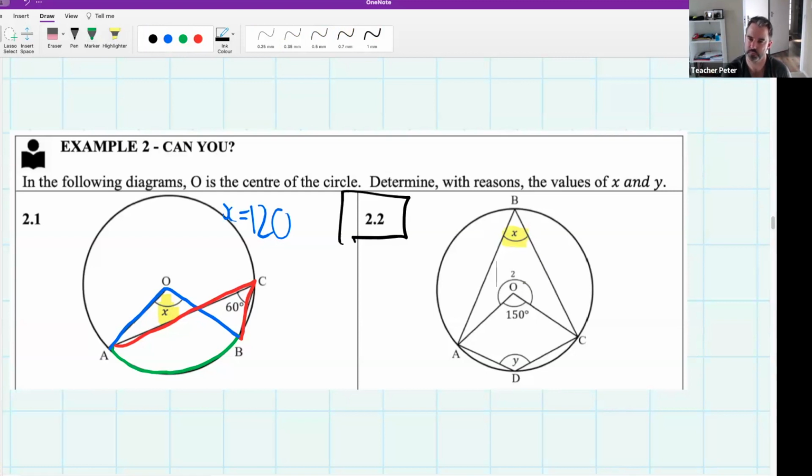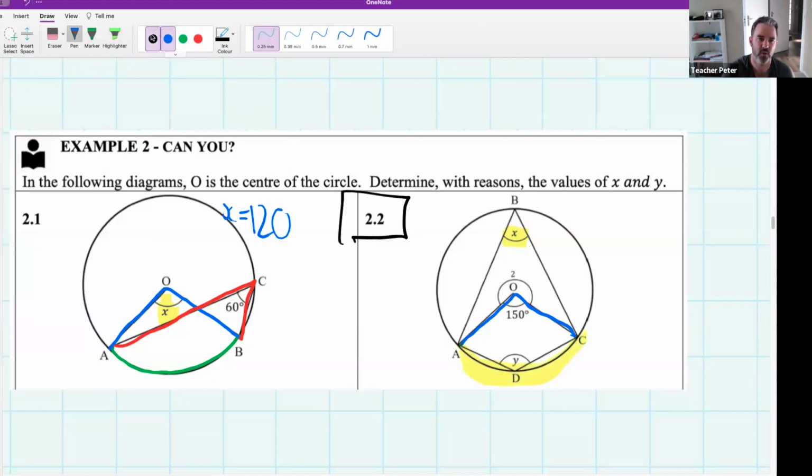So what do we think the angle X is going to be? We know that the angle at the center is 150. Okay, so this is the arc AC that is sort of the base of the building block.